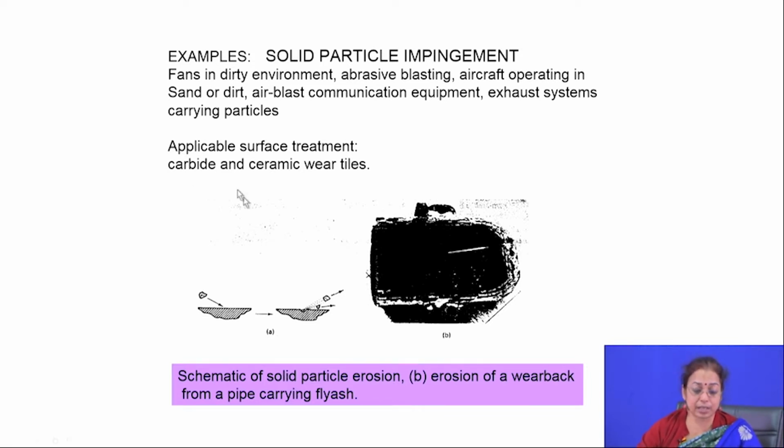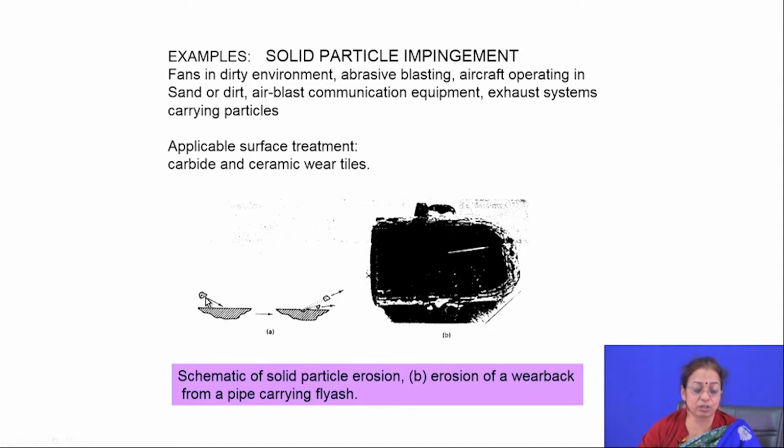Here, the mechanism by which the failure occurs is high energy particles interacting with the surface. There is a cutting action if the particles are highly irregular, very sharp and hard in nature.